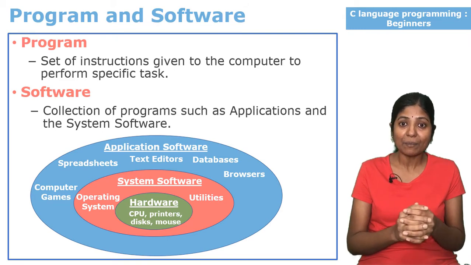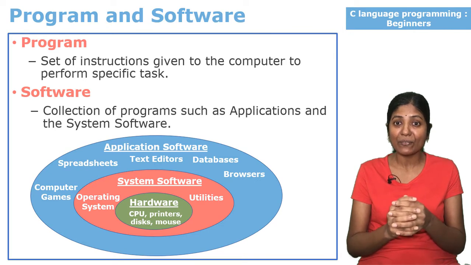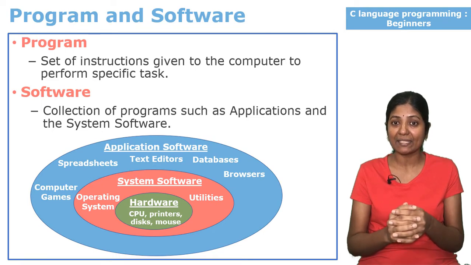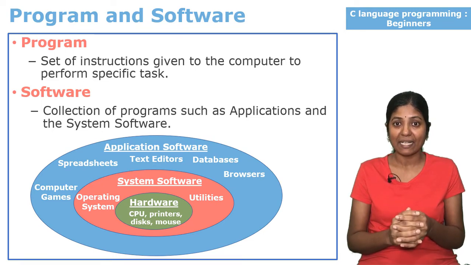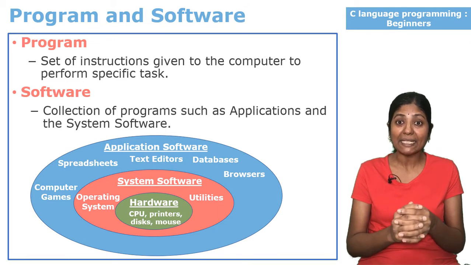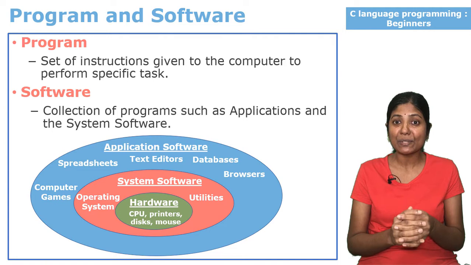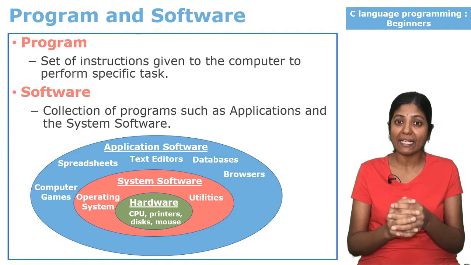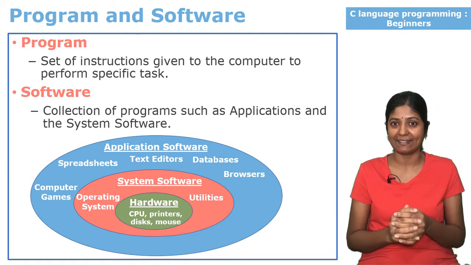And examples of system software include operating systems like Windows, Linux, Unix operating systems, and device drivers like printer driver, which is used to print any document, and utilities like backup software, antivirus software, etc.